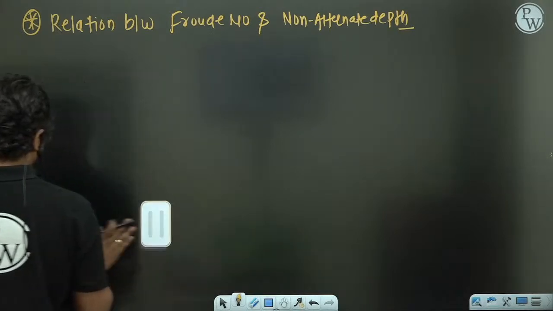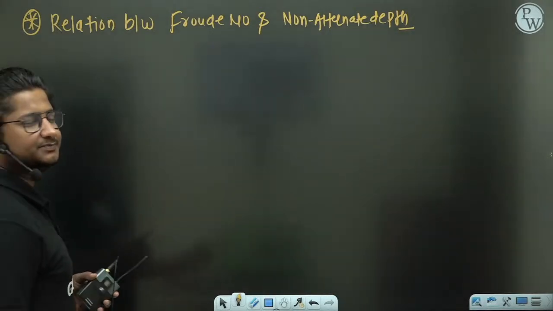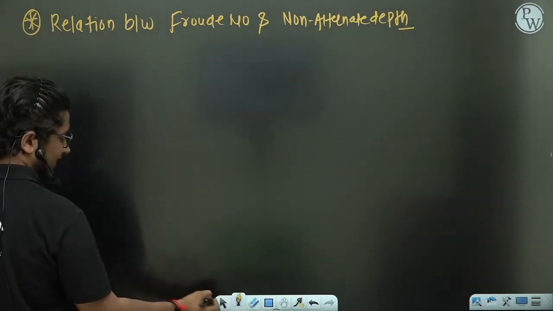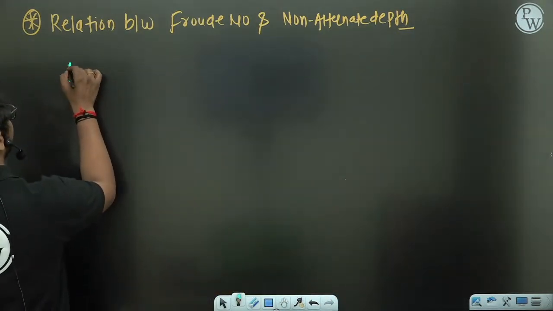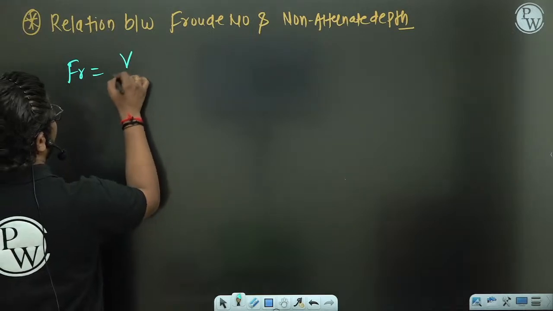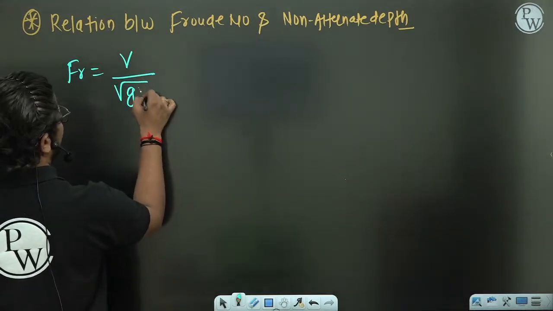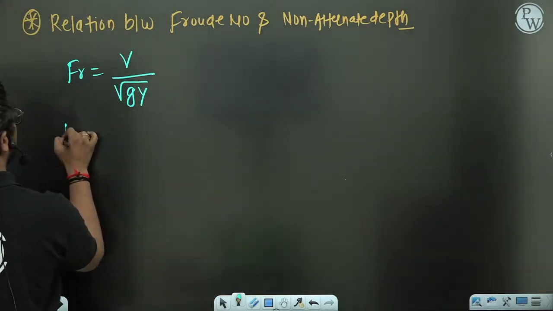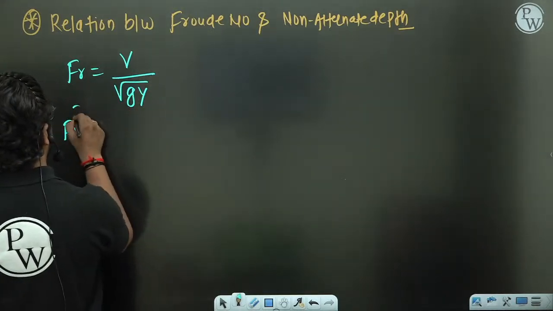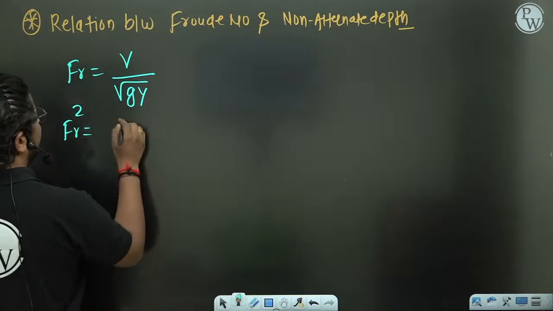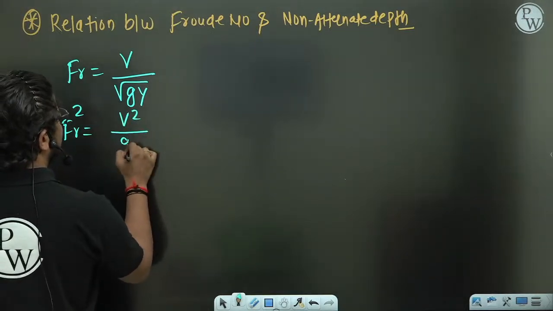See, this relation you can find out very simple. Again, I'm using rectangular section only to make this relation. So Fr equal to v upon root under g into y, or Fr squared will be v squared upon g into y.